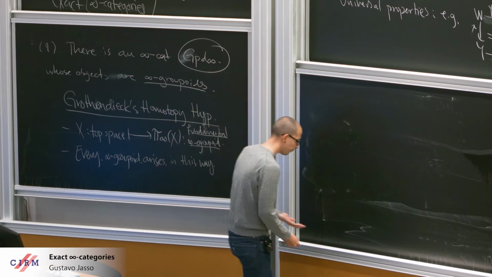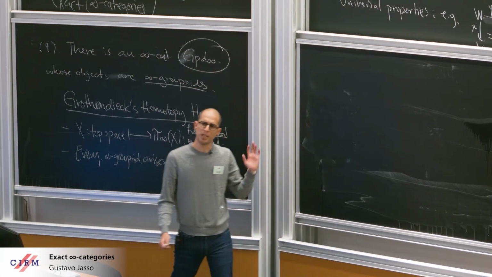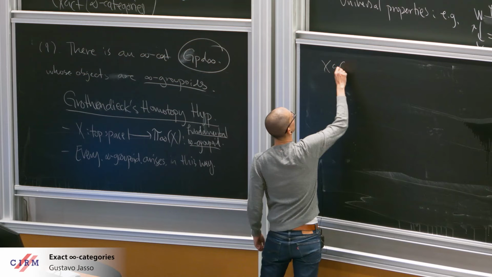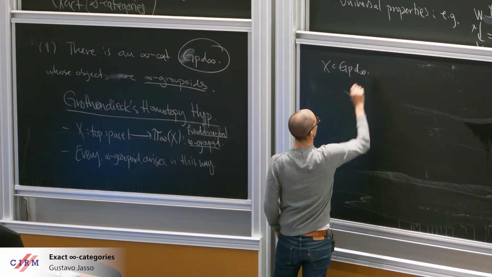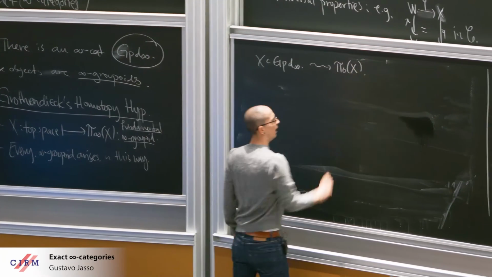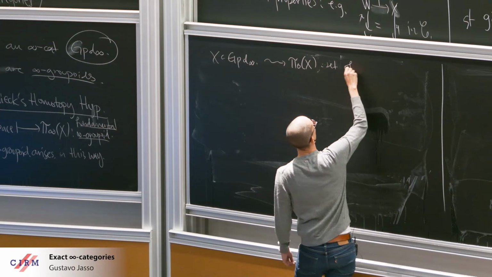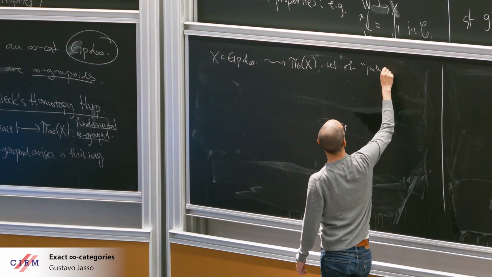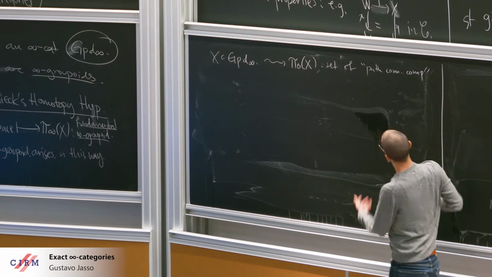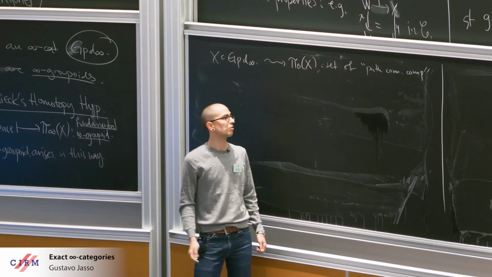Okay. So using this intuition from topology, there are many invariants that one can associate to a given infinity groupoid. If I have an infinity groupoid, I can associate to it a set of path-connected components, which are somehow the isoclasses in this infinity groupoid viewed as a categorical structure.